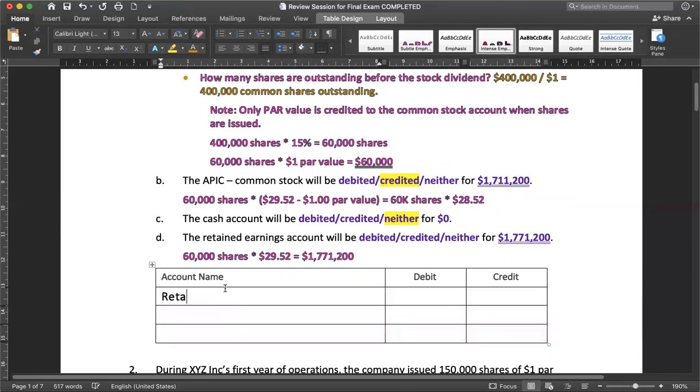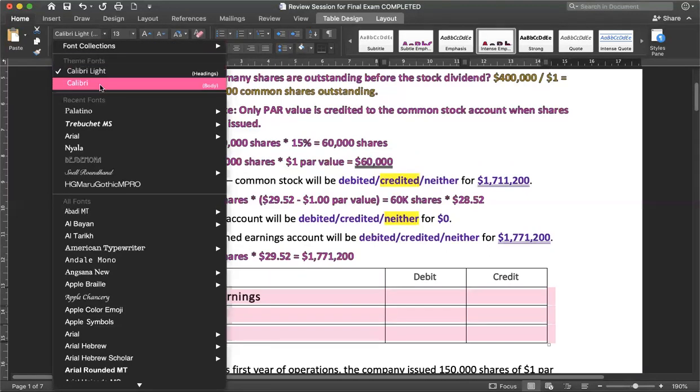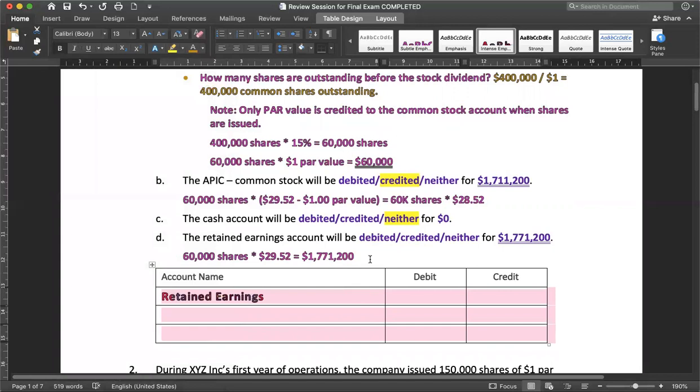So we're going to debit retained earnings, and we debit retained earnings for the amount that's going to be taken out of retained earnings, and that's going to be the fair value of those 60,000 shares. So 1,771,200. Okay.